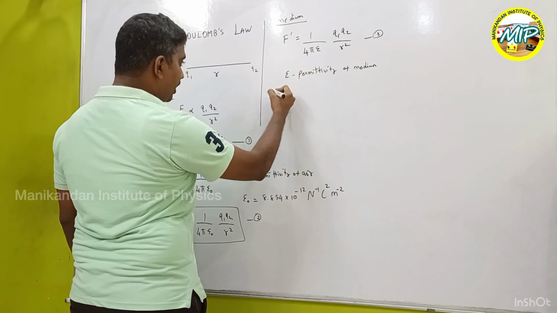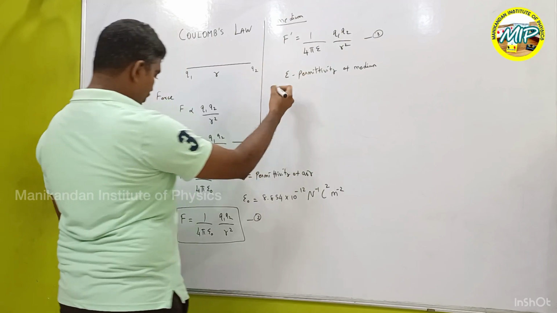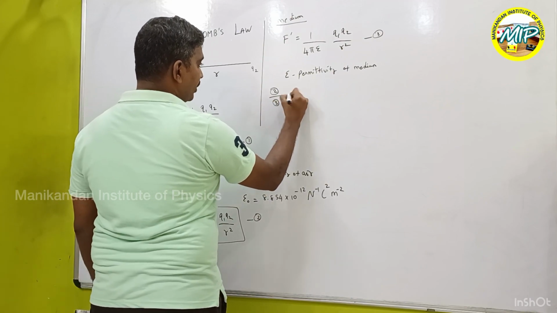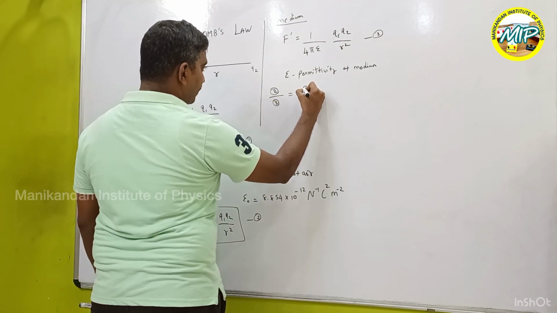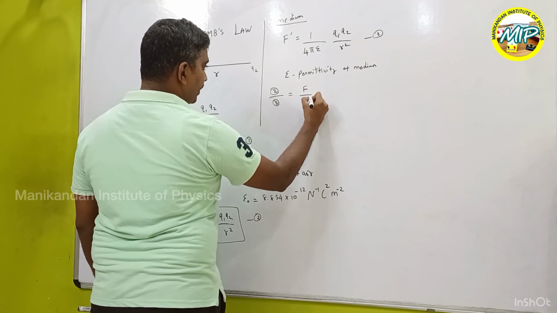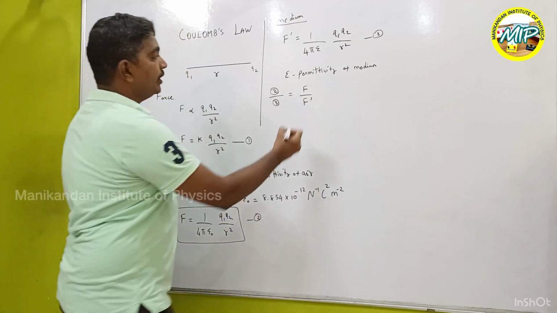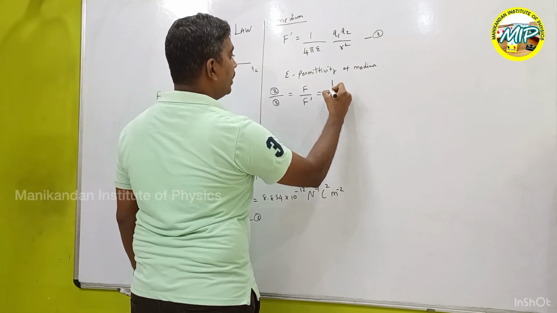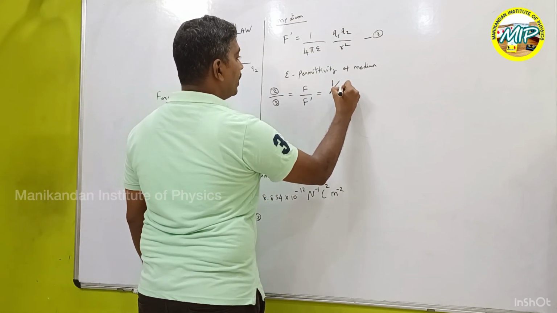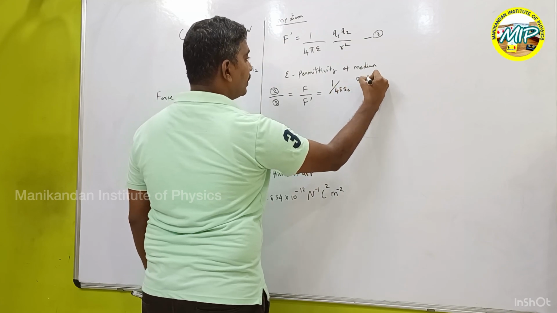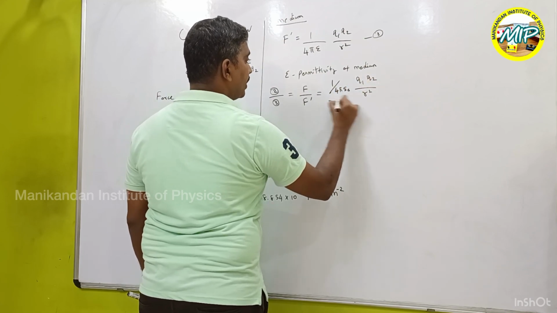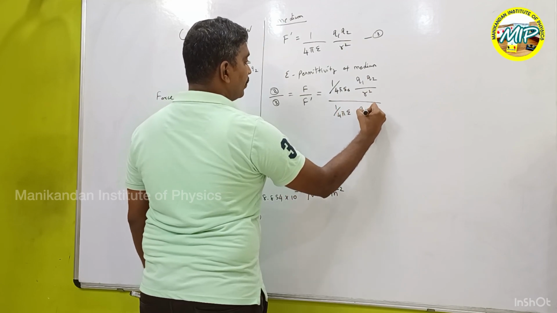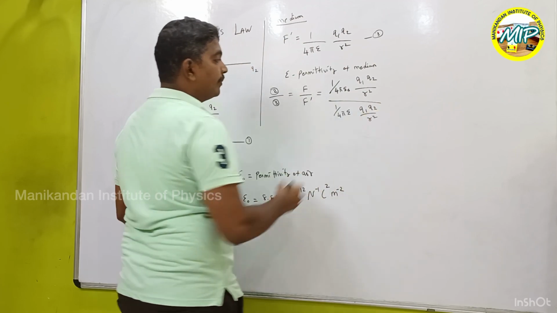For that I am going to divide my equation 2 by equation 3, which equals F by F prime. This equals 1 by 4 pi epsilon naught Q1 Q2 by R square, divided by 1 by 4 pi epsilon Q1 Q2 by R square, right?